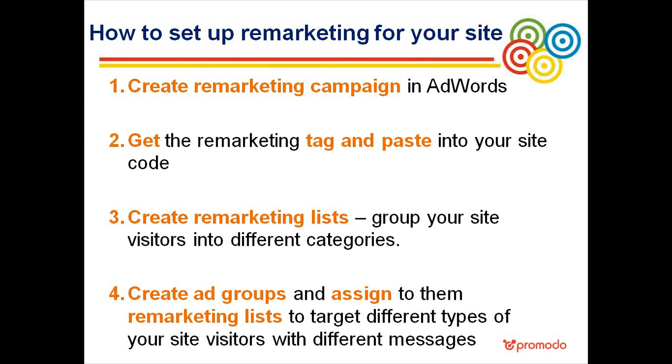That is the list of your site visitors, and which can be grouped into different categories by different features. And the last step is creating ad groups. You create ad groups and assign to them different remarketing lists in order to be able to target them with different messages and with different banners and images.